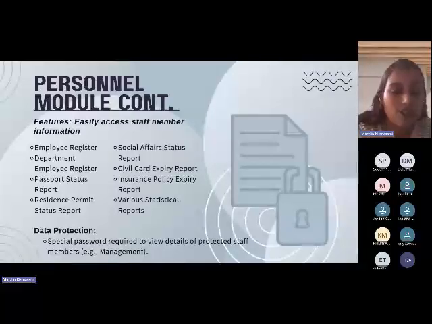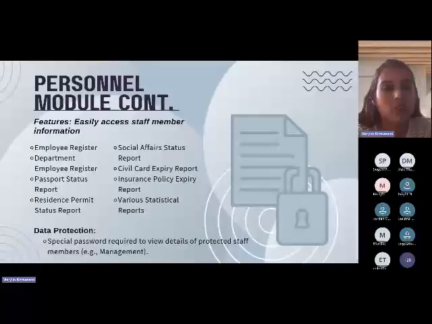So all that information is housed in this module. You have professional details of the employee as well. So when you hire the person or you're allocating them into the system, you are putting in their current qualifications, etc., because this also helps when we are doing succession planning, or we need to do further training and development. We have that information in place.